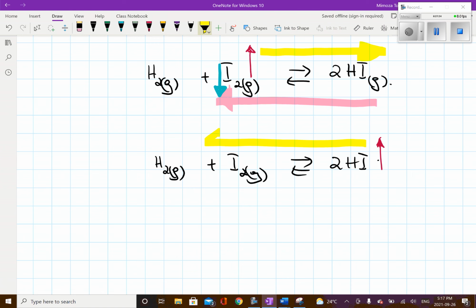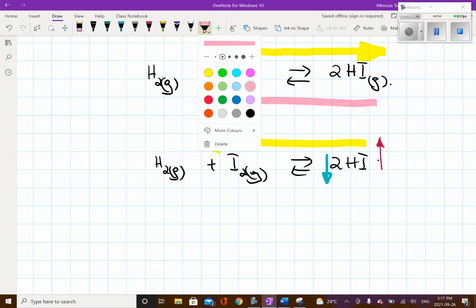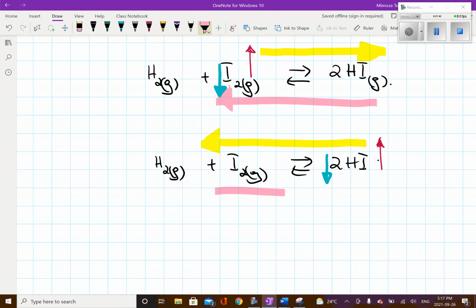And how do you use it up? By going in the other direction, shifting to the left. And then if you decrease the concentration of HI, the system again is undoing what you did by producing more, so that what you are doing is undone.